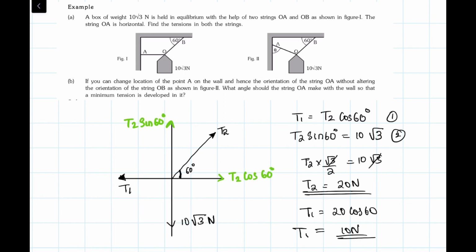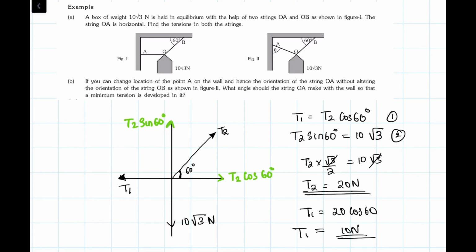You can pause this video and read that question once again. I'll summarize that question: OA is now altered without altering OB. You have to calculate the angle theta so that the tension through the string OA should be minimum.